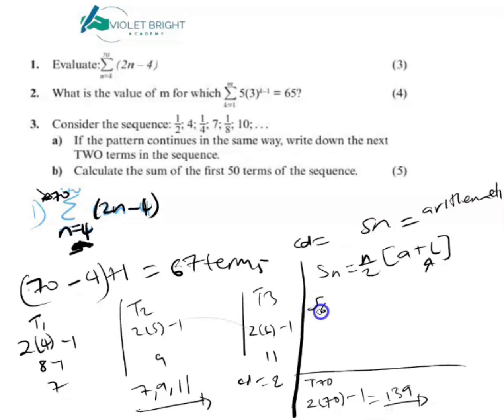So the sum of 67 terms is equal to 67 over 2, times the first term, 7, plus 139. Let me use a calculator quickly. So 7 plus 139 is 146.